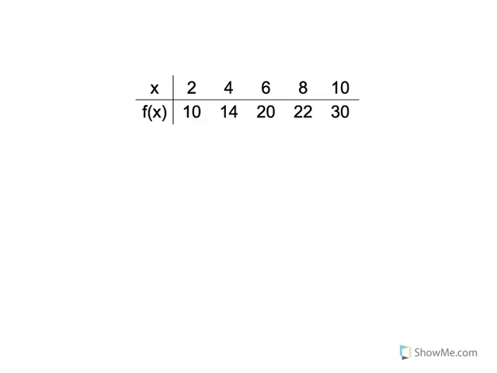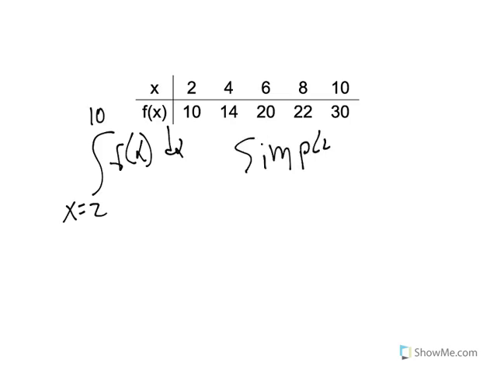So let's look at a specific example. Let's say we want to approximate the integral of this function, f of x dx, on the interval 2 to 10, and let's do Simpson's with 4 subdivisions. We've got 1, 2, 3, 4, 5 pieces of data, which leads us to believe that there'll be 4 subdivisions.